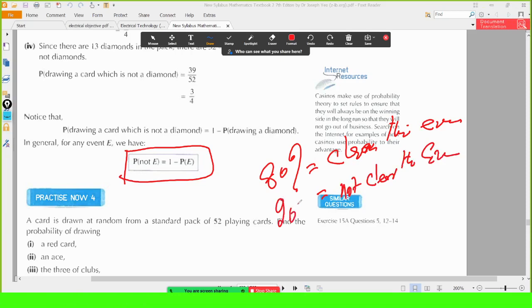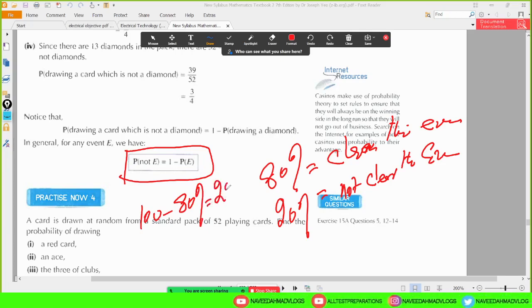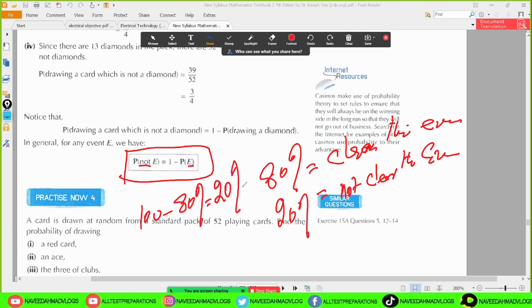Okay, so this is nothing but आपने 100% से जो सर्टन है उसको सब्ट्रैक्ट करना है, so you will get that amount which is not certain. So not E means that amount which is not certain.